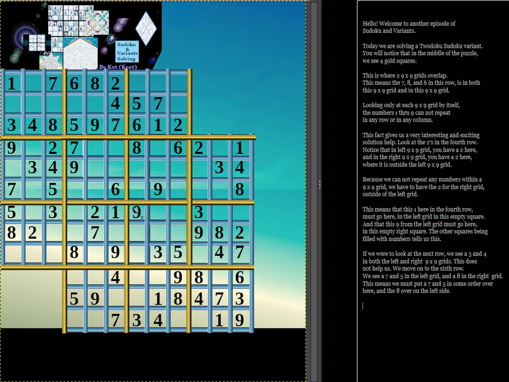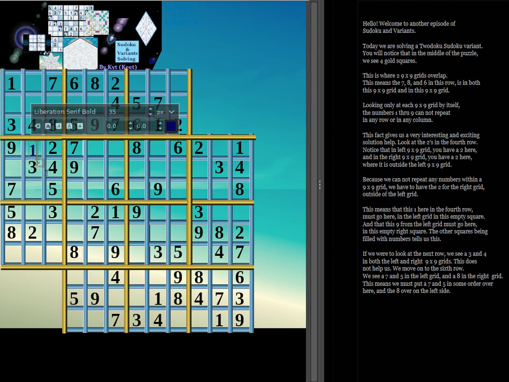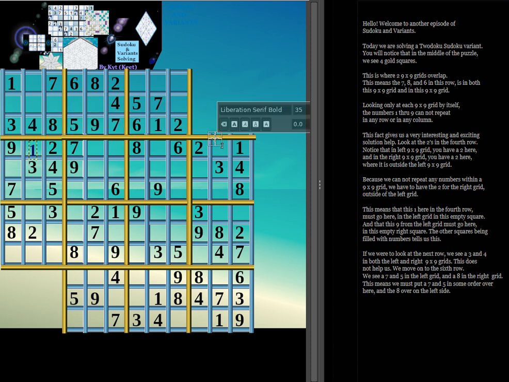This means that this 1 here in the fourth row must go here in the left grid in this empty square. And that this 9 from the left grid must go here in this empty right square.